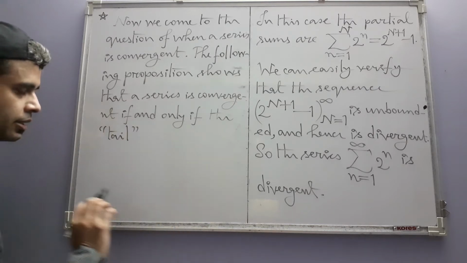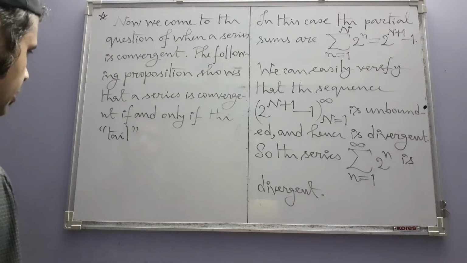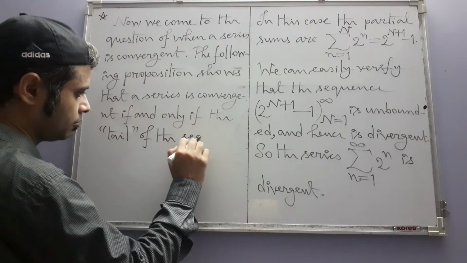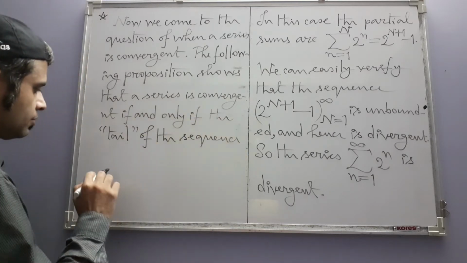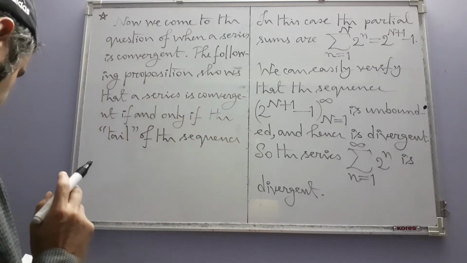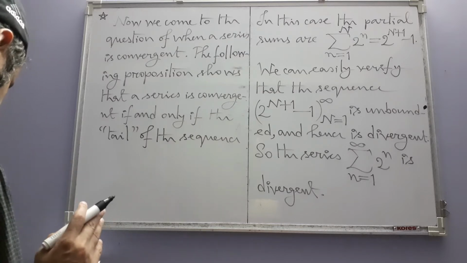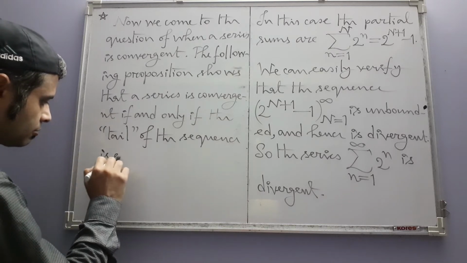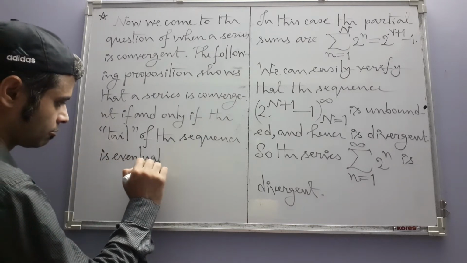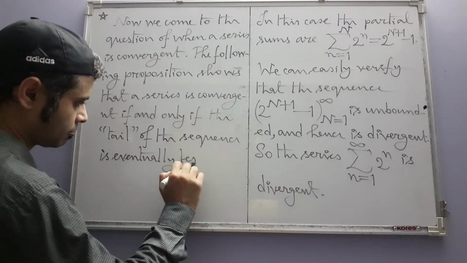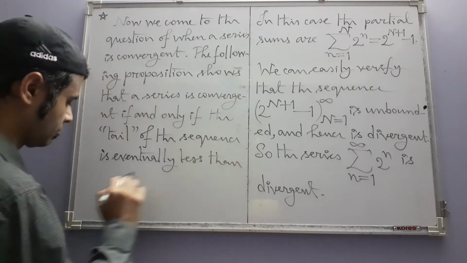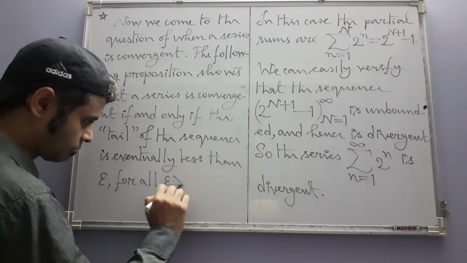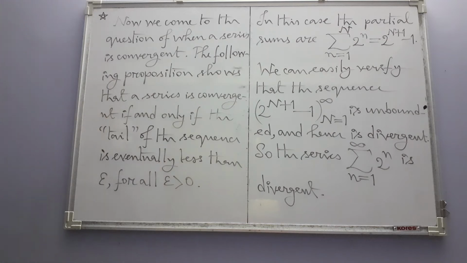Looking at the statement of the next result, you will understand what we mean by tail. The sequence can be made smaller than epsilon, is eventually less than epsilon, for all epsilon greater than 0.